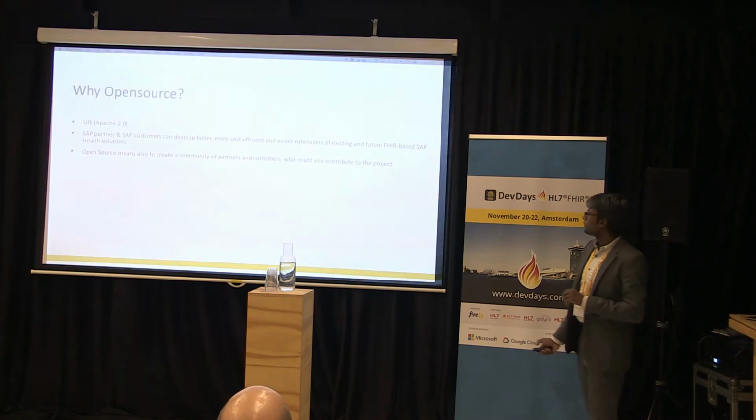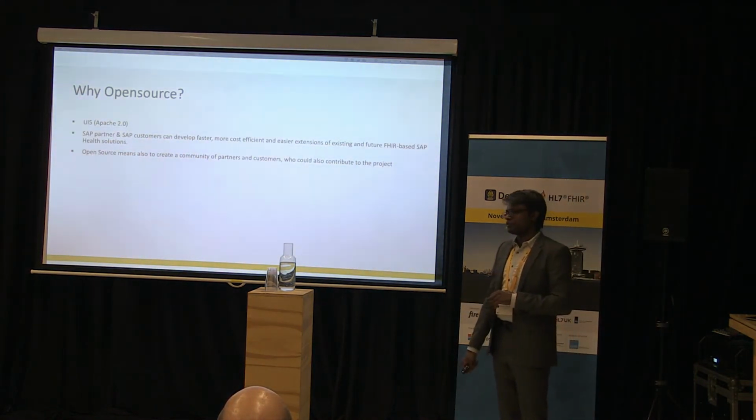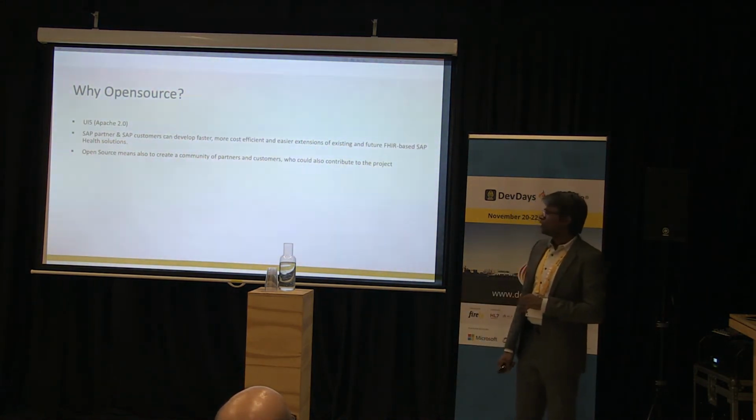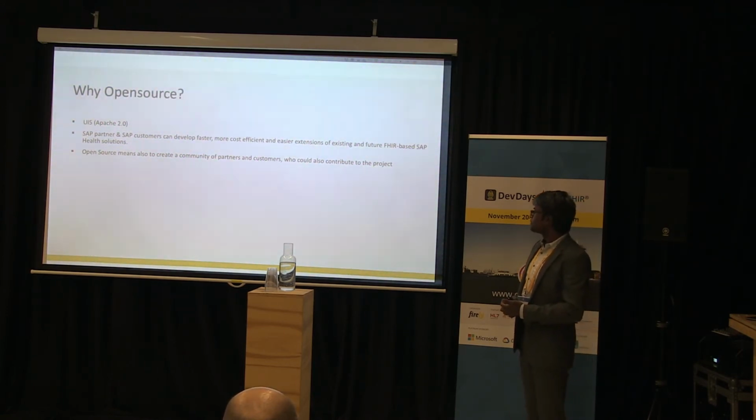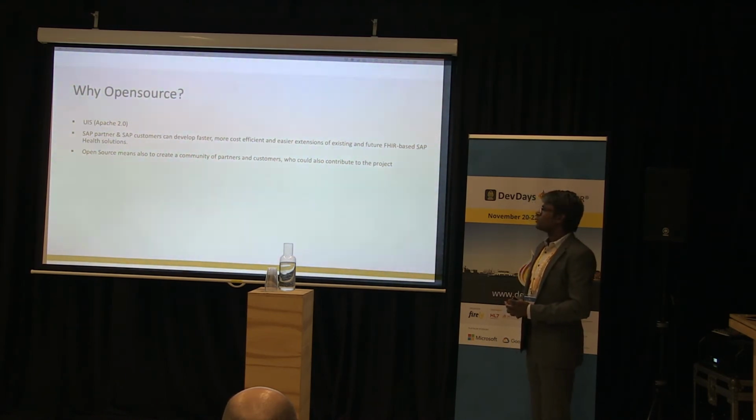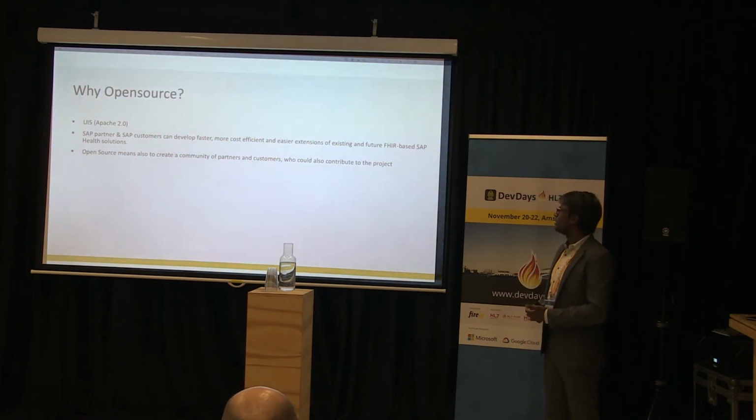And last but not least, we have decided to open source as well. Why? Because UI5 itself is open source under the Apache 2.0 license. It's available for free for the entire ecosystem working with web development to use, to build their interfaces faster, and we know how wide the FHIR community is. So we have decided to also open source this framework, OpenUI5-FHIR, so that the ecosystem can make use of it.